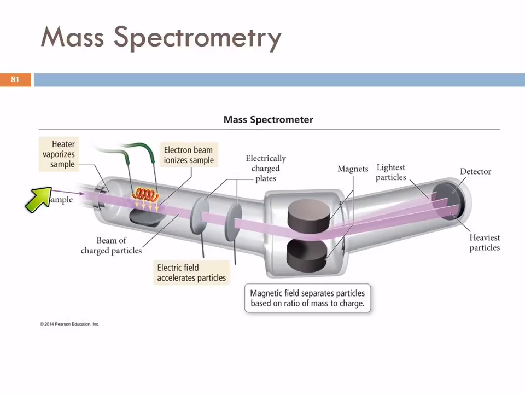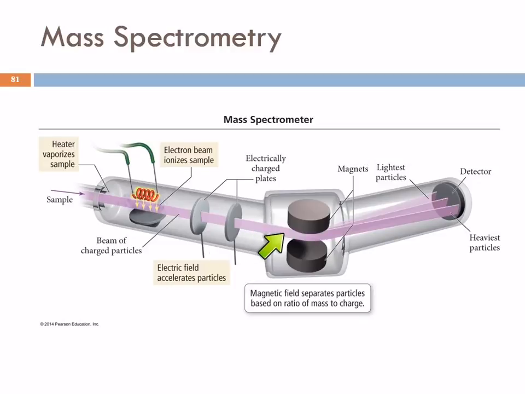So this is how it works. Your sample is vaporized, converted to a gas, and sent down this tube where an electron beam ionizes the samples. It's hard to get particles to move if they don't have a charge on them. If they have a charge on them, you can do all kinds of stuff to them. So we want them to be charged. And then here we have an electric field that's going to accelerate them, get them moving quickly.